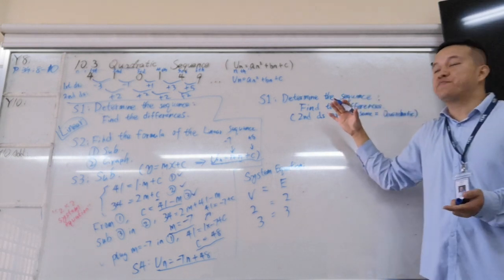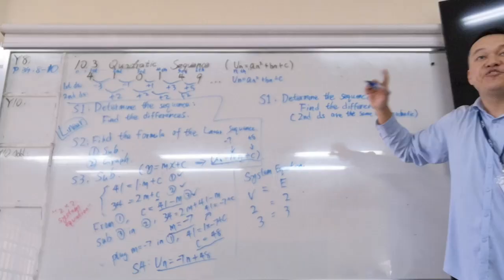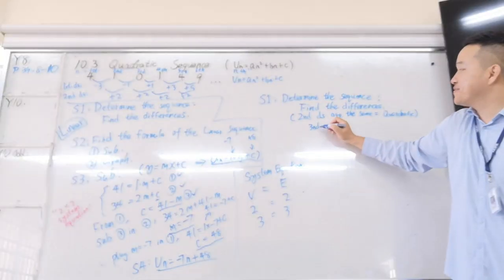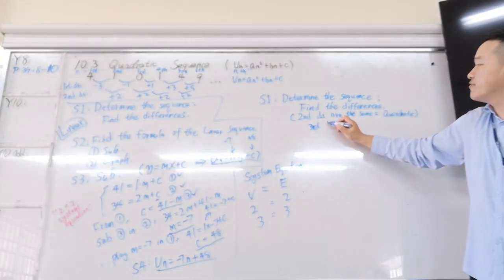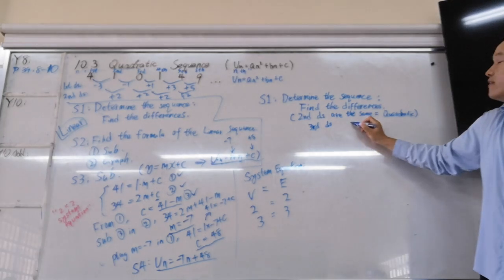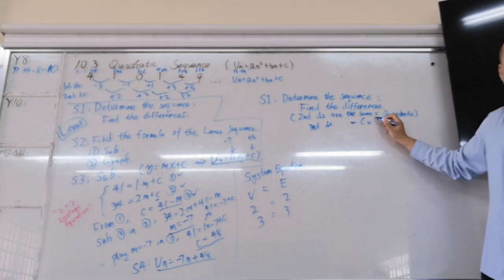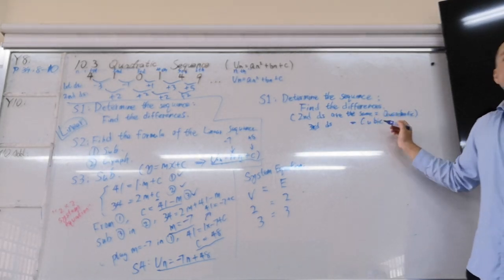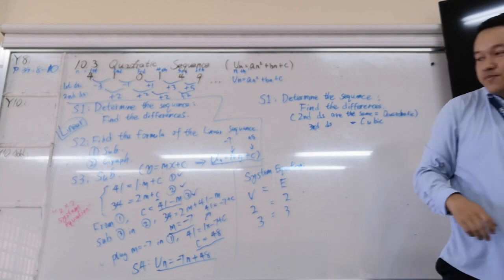Okay, let me tell you this. If your third differences are the same, then it's a cubic sequence. It's getting weird, right? It's getting creepy.